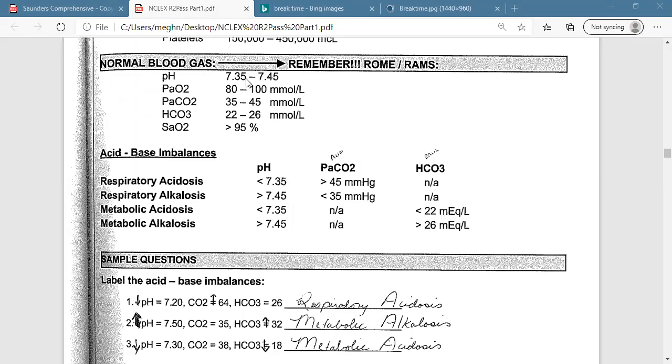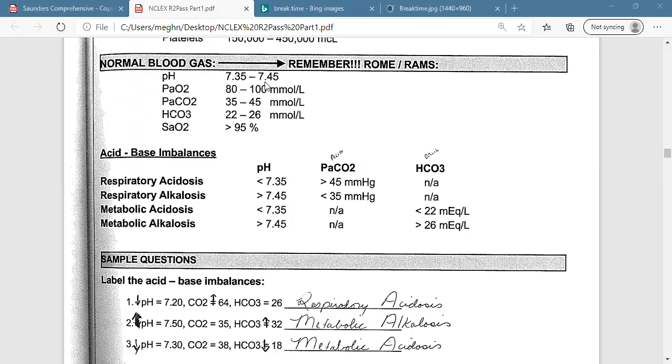Note number one, if the pH is less than 7.35, it is acidic. If the pH is more than 7.45, this is alkalosis or base.